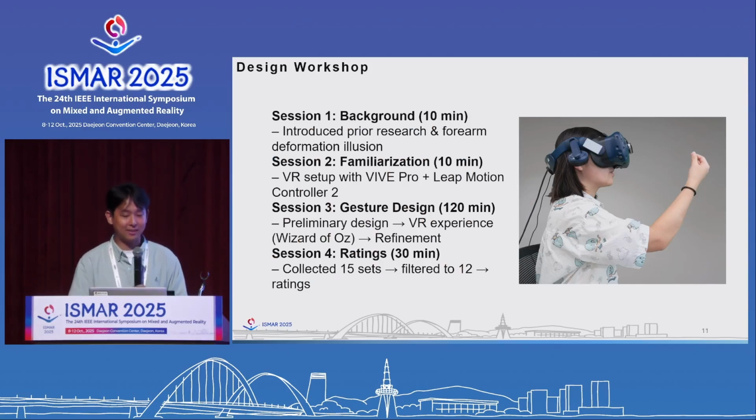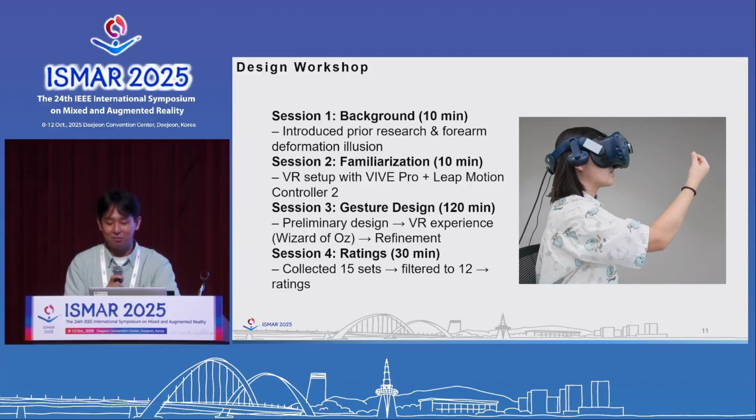Our workshop lasted about 3 hours, and it had 4 main parts. First, we gave the designers a short background talk about forearm deformation illusions. Second, they got hands-on with the Vive headset and limb motion just to get familiar with how gesture capture works. Third, we moved to the main design stage.